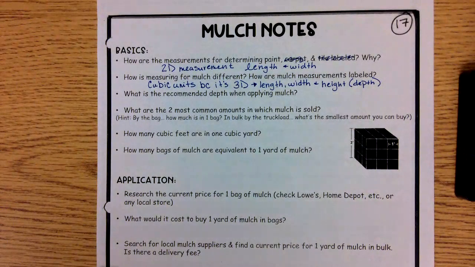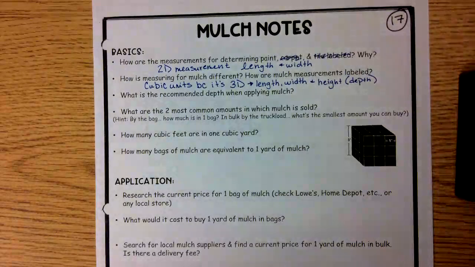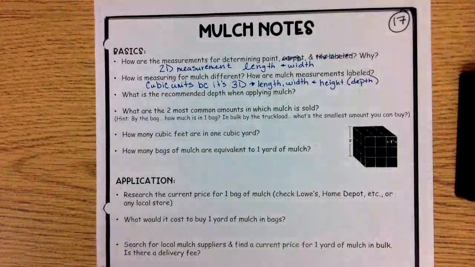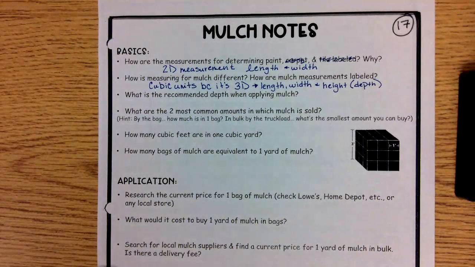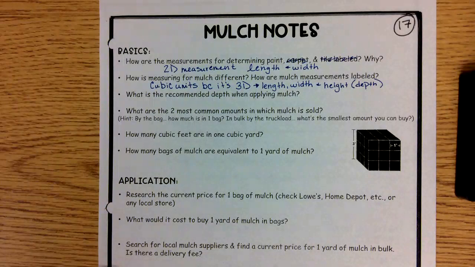Okay. Now, what is the recommended depth when applying mulch to your yard? Go ahead and Google that also. What does the internet out there say? What do the experts recommend on how much mulch to put down in your yard?